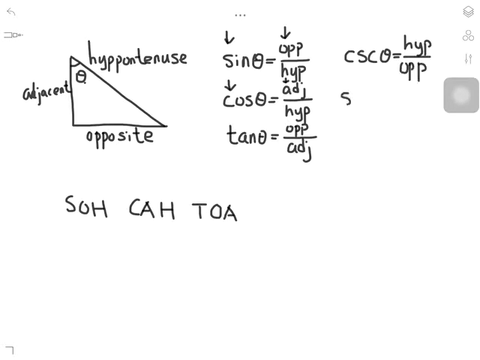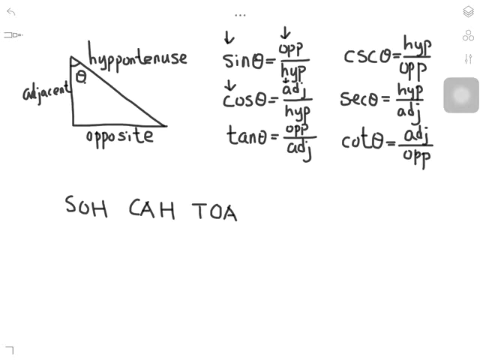Secant is the reciprocal of cosine, so secant would be hypotenuse over adjacent. And then cotangent is the reciprocal of tangent. Please remember that I kept using the word reciprocals. As you can see, I simply flip the original ones to get my definitions for cosecant, secant, and cotangent.